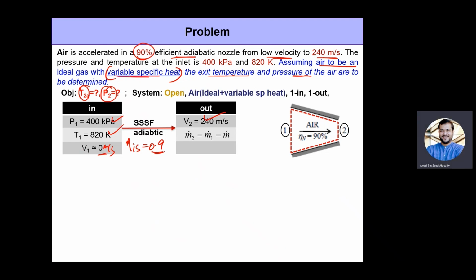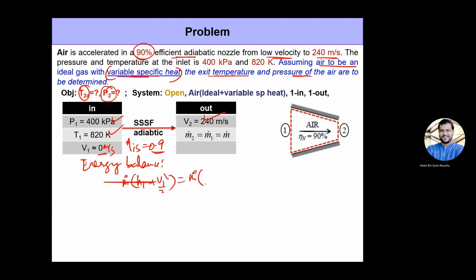Now we can simply look at the energy balance equation for the nozzle. So we know that for a nozzle, we can write the energy balance equation as m dot (h1 plus V1 square by 2) should be equal to m dot (h2 plus V2 square by 2).